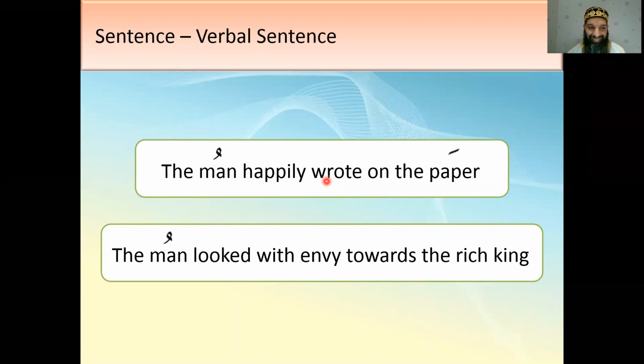Yes, I think that's right, because rich is the description. King is the noun. Right. So I hope that made some sense. Remember, when you write in English, don't write that. These are just examples.